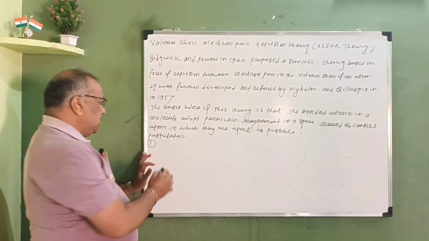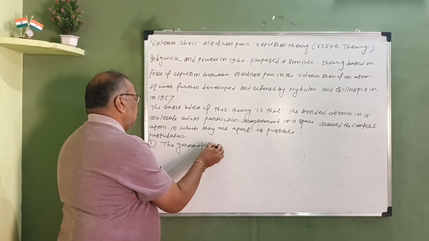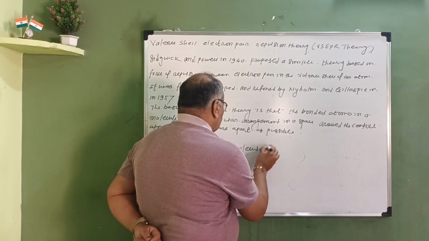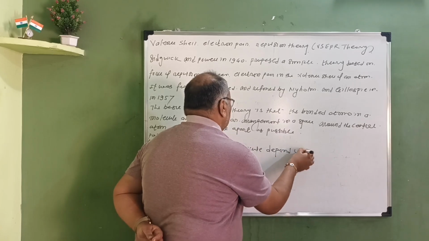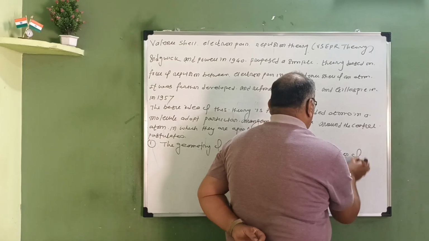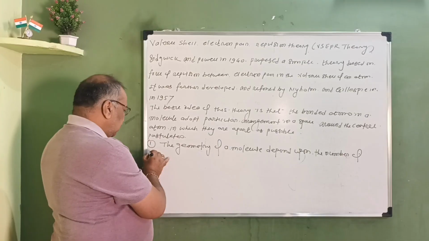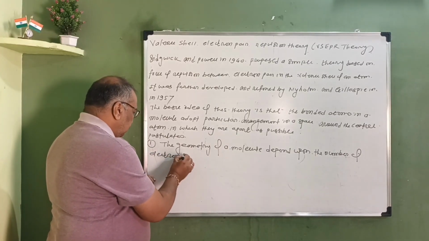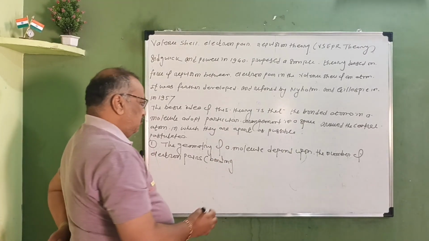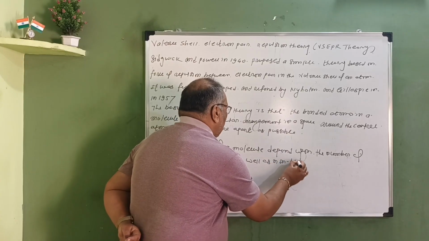The first postulate: the geometry of a molecule depends upon the number of electron pairs, bonding as well as non-bonding.